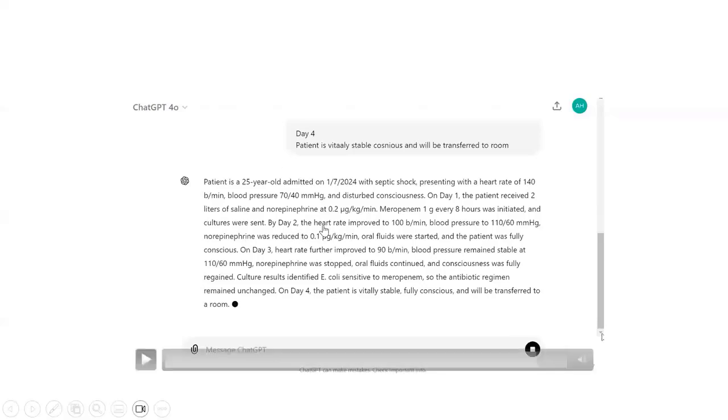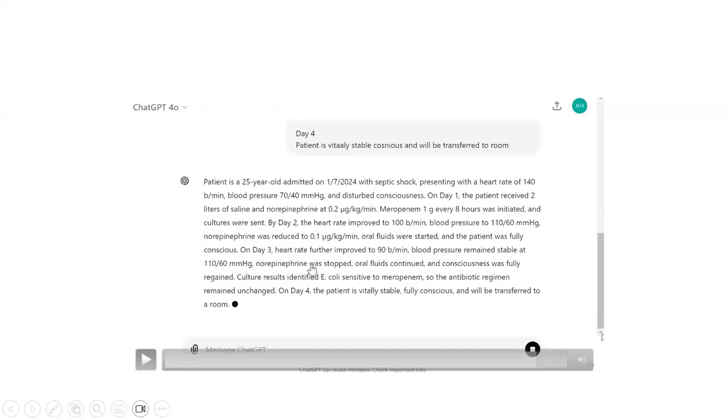By day 2, the heart rate was improved. This shows that in the original progress notes we did not write that the heart rate improved; we just wrote the heart rate. But ChatGPT can interpret the heart rate decreasing from 140 to 102 beats per minute and state that it is improved.